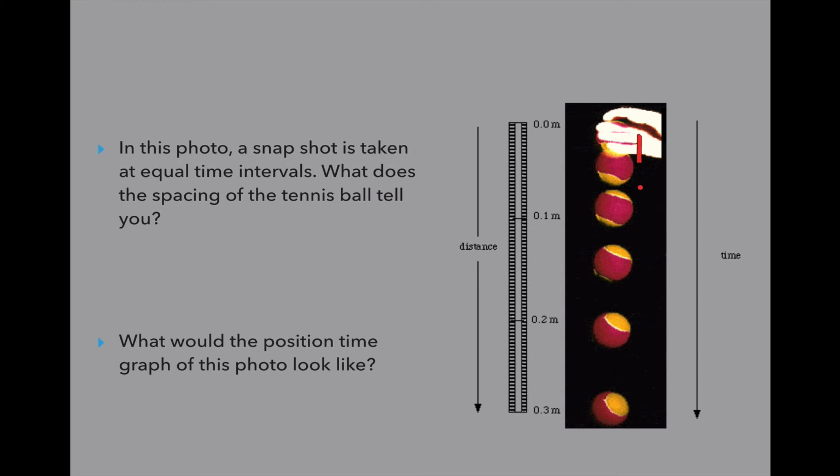When we take the second picture or the second time frame, there's slightly more difference between them, and then slightly more difference, and then more difference. So because it is increasing the distance, even though it's the same time interval of each picture, it is falling at a faster rate. So that tells us that the tennis ball is accelerating.